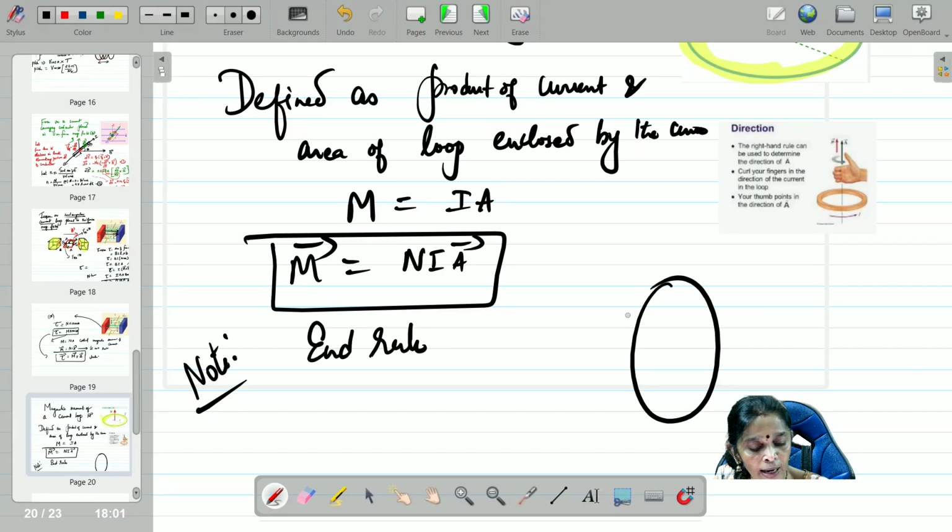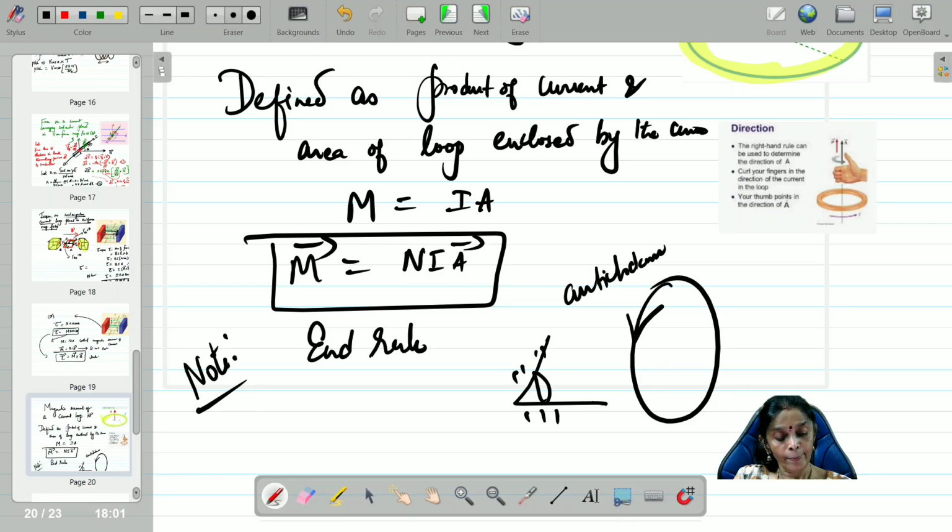In a current loop, if the current is going in the anti-clockwise direction, you have to take it as the north pole.